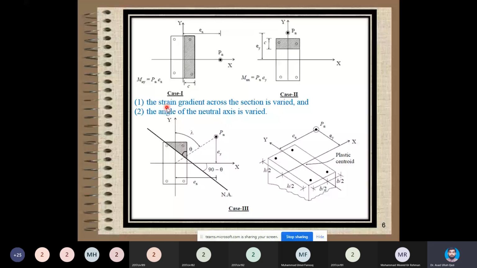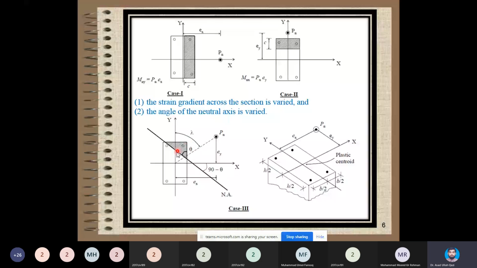It is shown as 0.2 on this slide with blue color. The angle of the neutral axis is varied. I need to struggle and check for various thetas, as well as for various depths of the neutral axis from the highly stressed corner of the column.